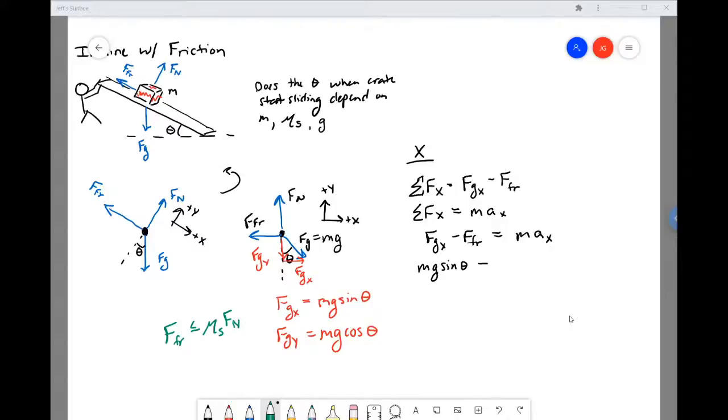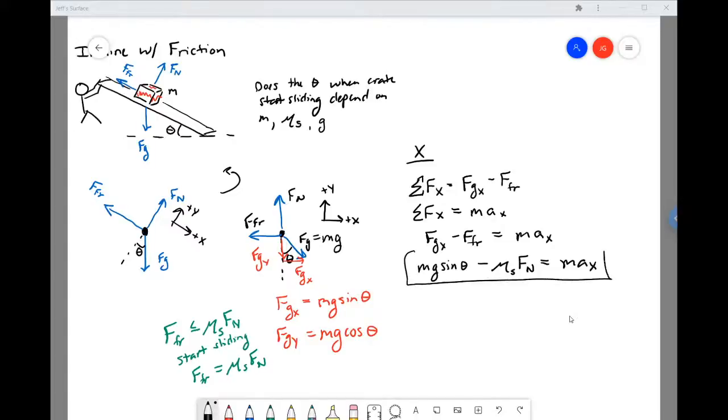Well, we're interested where the crate starts sliding, so we're interested in the limits of friction. We ask what happens when that force of static friction reaches its maximum amount. So the force of friction is μs times the normal force, and that equals mass times acceleration in the x. Let me circle this equation. That's what we get when we consider Newton's second law in the x direction.